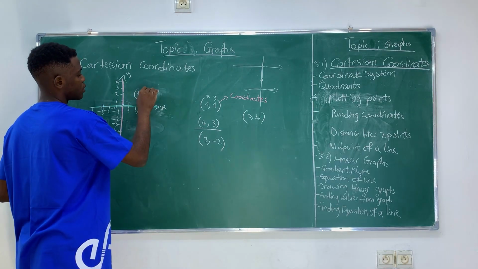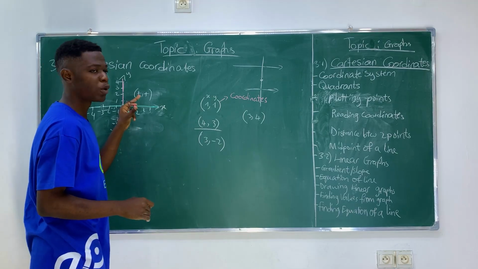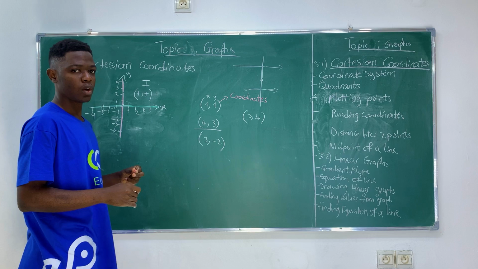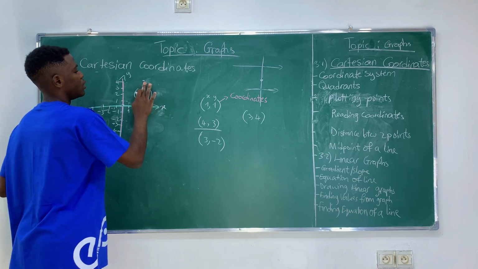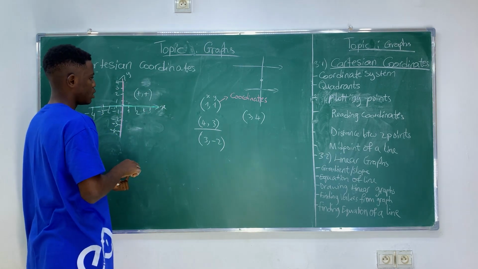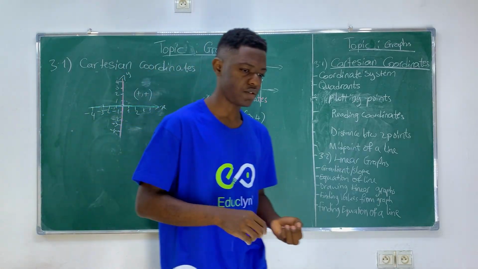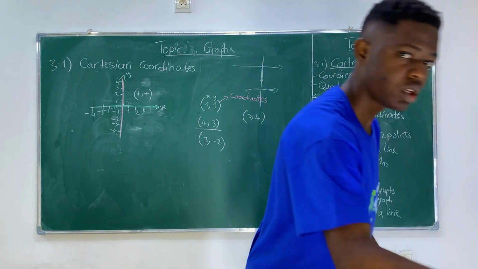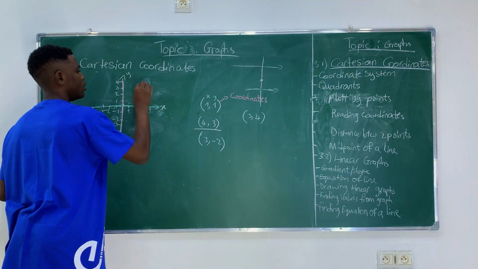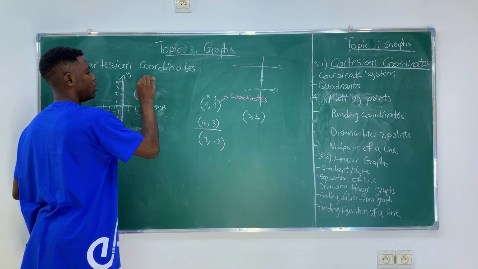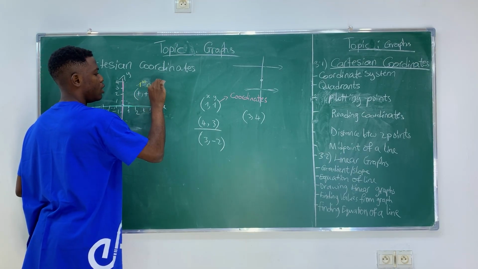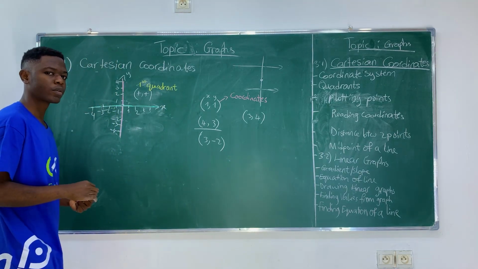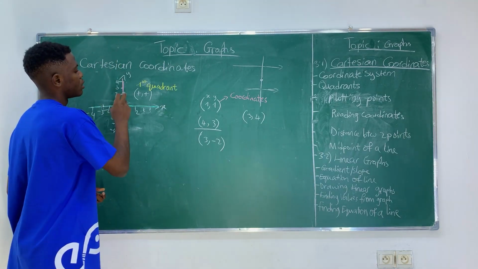You have plus plus. Since you have plus plus, that will be called the first quadrant. This is the first one now.